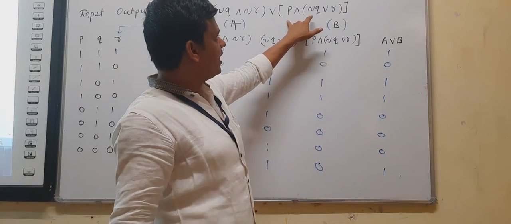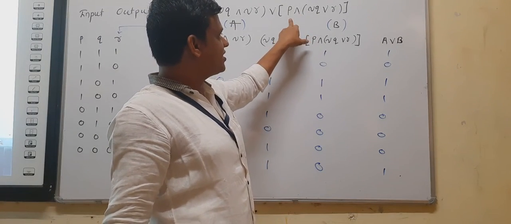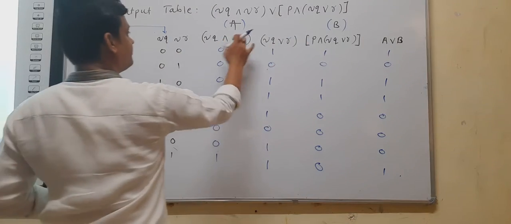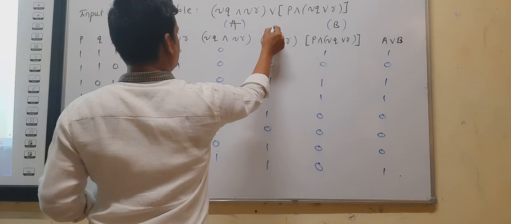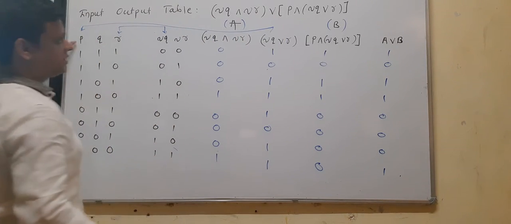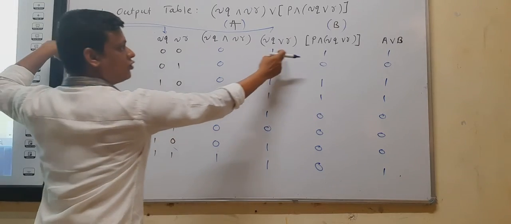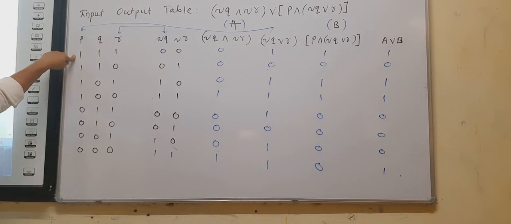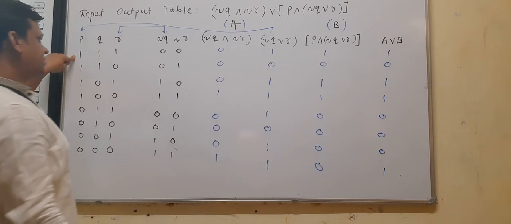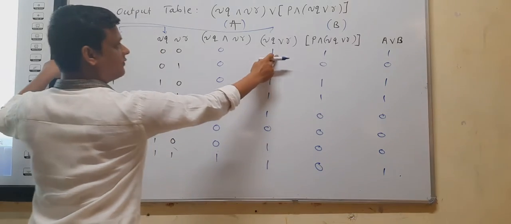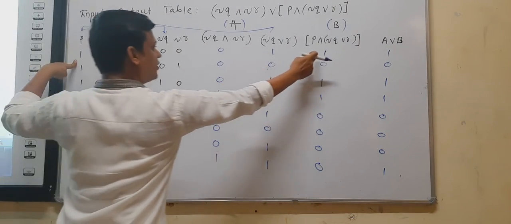Now we have to take the conjunction with the statement P. So we consider P and negation Q or R, and take the conjunction. For conjunction, if both the entries are 1, then its result is 1, otherwise 0. Both the entries are 1, so we write 1.